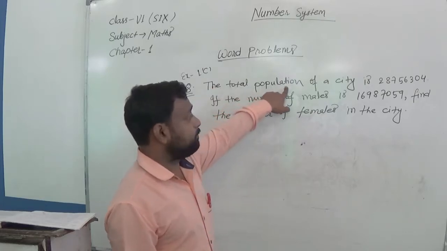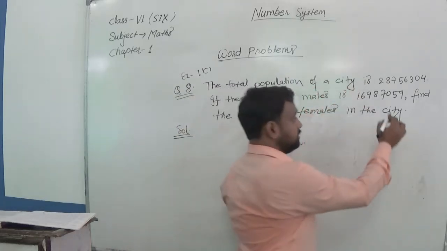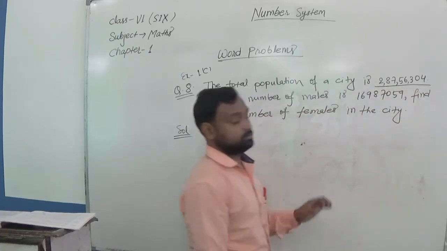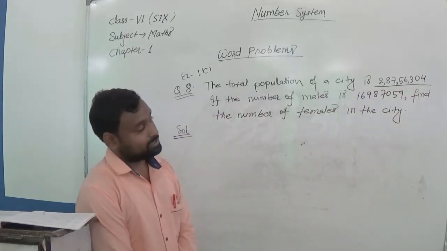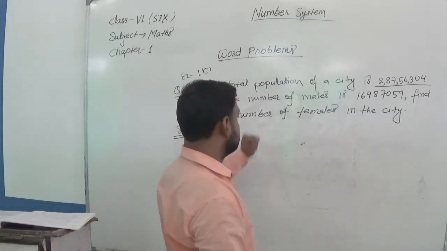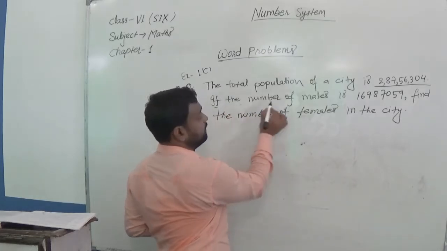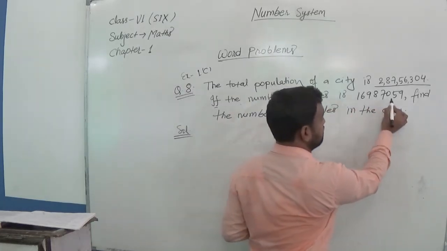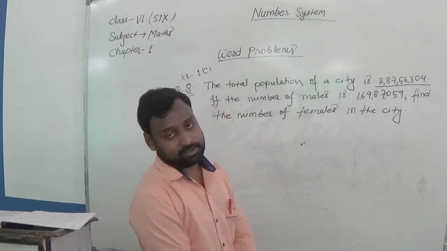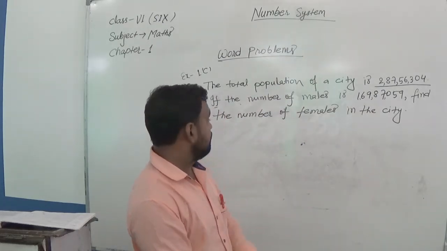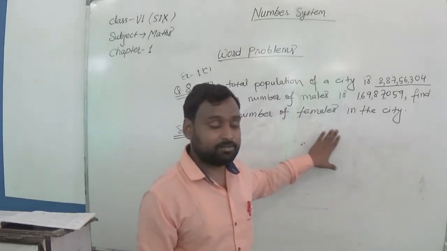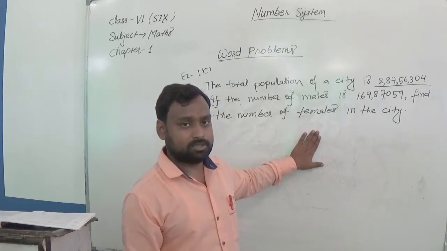The total population of a city is 2,87,56,304. If the number of males is 1,69,87,059, find the number of females in the city.